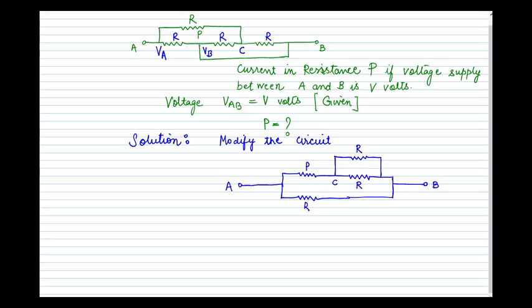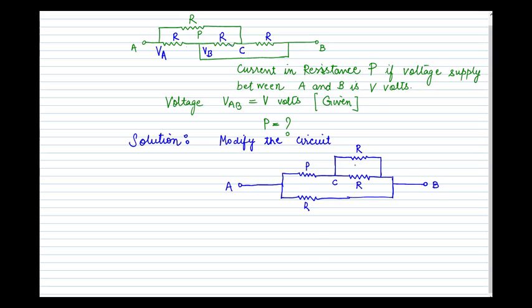And this one we have drawn here, and this is P. P is between point A and C. Between A and B we are having these two resistances like this, and between A and C there is this resistance P. So this is the equivalent circuit.